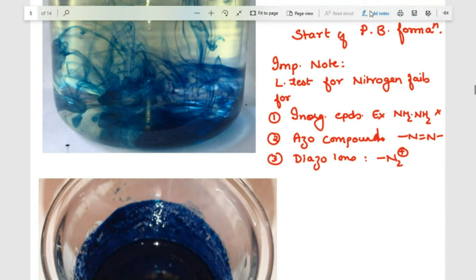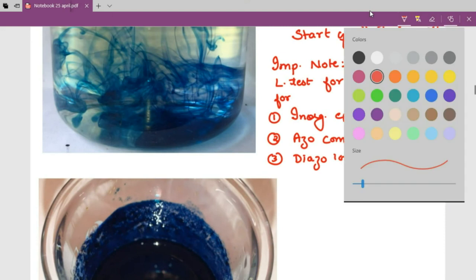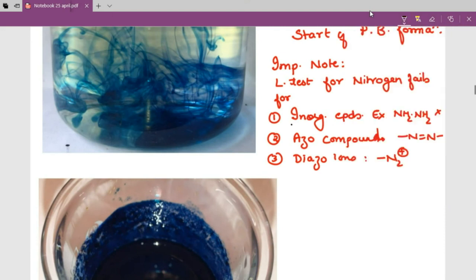Sometimes it fails for polynitro compounds, but that is not always. That is a simple drawback of the test, that sometimes it gives very erroneous results with polynitro compounds. But you have to keep this in your memory always, that it fails for inorganic compounds when there is no carbon, azo compounds, and diazonium ions. Then this test totally fails.